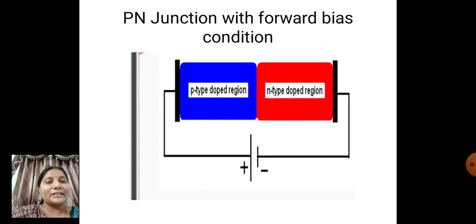In the forward bias condition, the positive electrode is always connected to the p-type semiconducting material or p region, and the negative electrode is connected to the n-type semiconducting material or n region. Clear? So what happens after this connection?